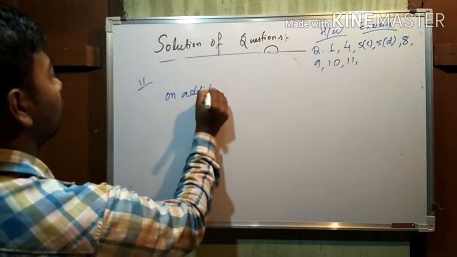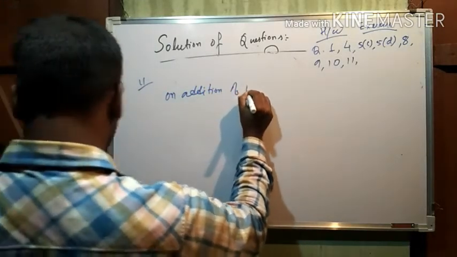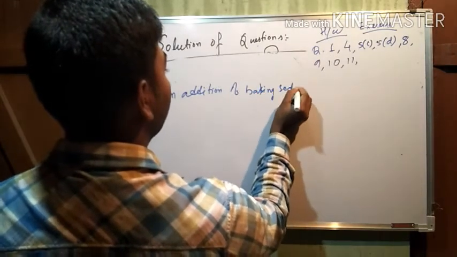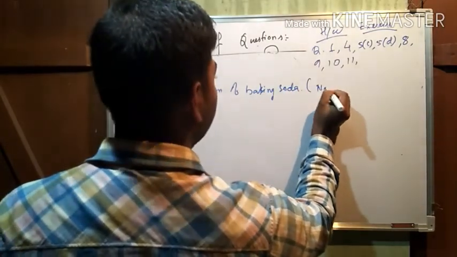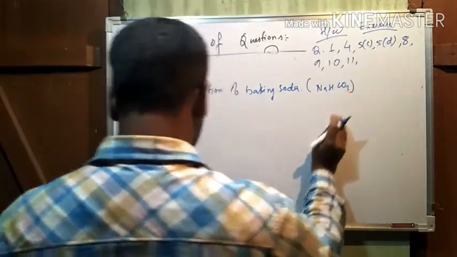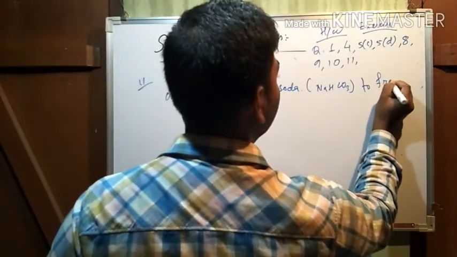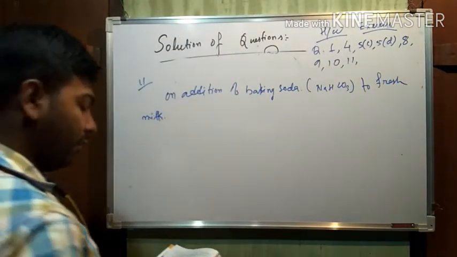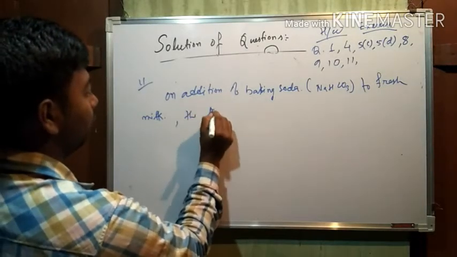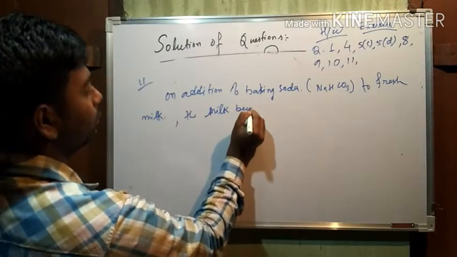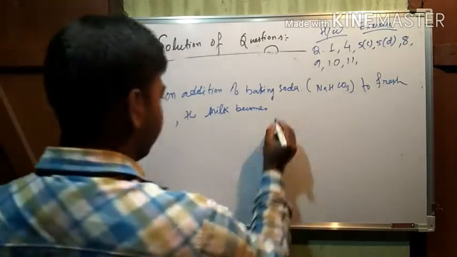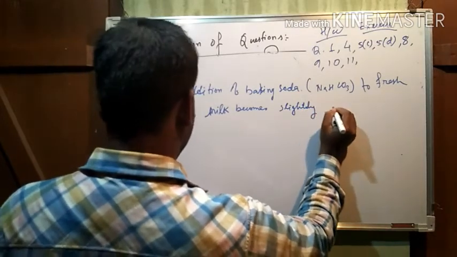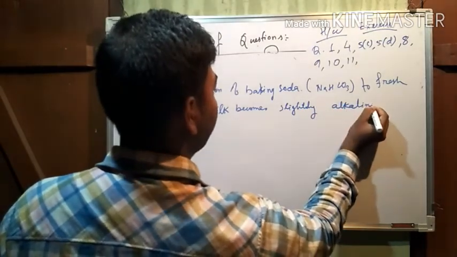On addition of baking soda, which has the formula NaHCO3, to fresh milk, the milk becomes slightly alkaline.